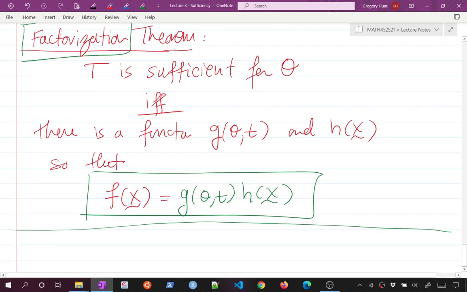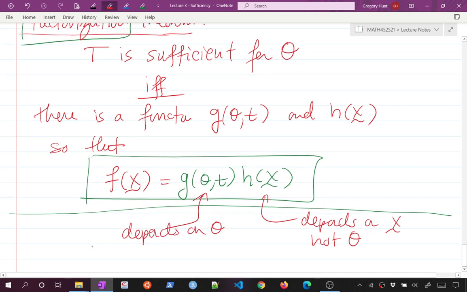The theorem says that I can basically inspect the joint distribution, and if I can separate it into something that depends on x but not theta, and something that depends on theta and x only through my statistic T, so maybe I should make this a capital T to be less confusing.